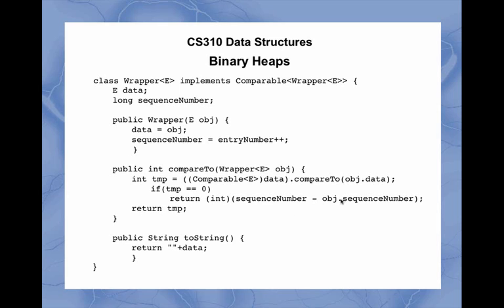And if they're not equal, then we just use the comparison between the two data elements. So for instance, if we have a 1 and a 2, then the 1 is less than the 2. If we have a 3 and a 3, then the sequence number of one is less than the sequence number of the other, and that's what's used here. In the case where they're equal, then the sequence number is used. Otherwise, the data elements themselves are just used.